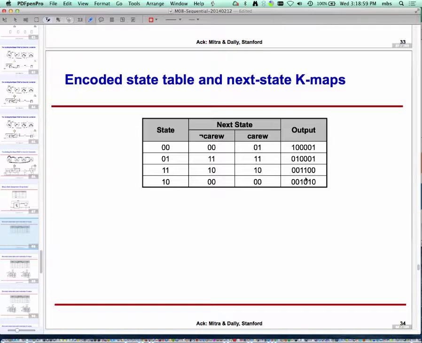I have one external input, which is car east-west, and I have 2 bits of current state. So the combinational logic I'm designing has 3 inputs, right? Is it true that generally one-hot coding is easier to design? For humans, yes, if you're manually designing it. For one-hot, we can just look at the state diagram and draw it out.